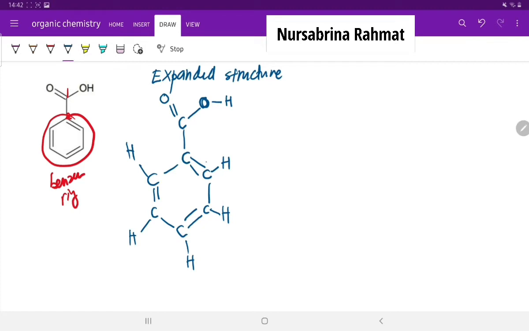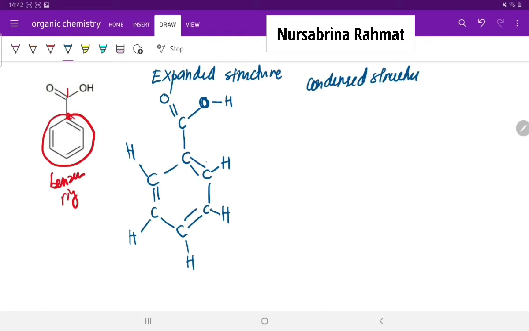Let's write down the condensed structural formula for this compound. So we have here C, I'm going to maintain this C double bond OH.